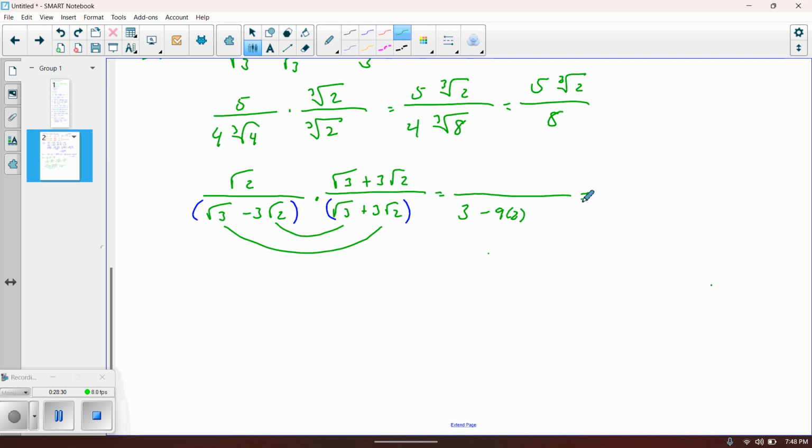The numerator is going to end up being, distributing that square root of 2 to both things, a square root of 6 plus 3 times the square root of 2 times the square root of 2, which is 3 times 2, which is 6. So we get the square root of 6 plus 6, and then 3 minus 18 is negative 15 in the denominator. And that's about as simplified as that one gets.